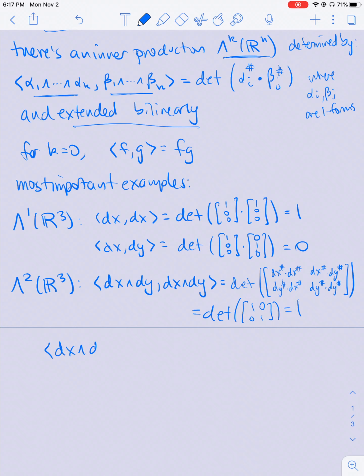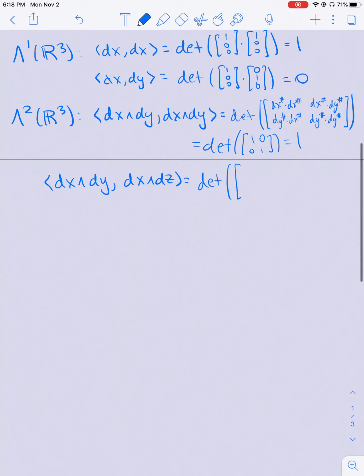Let's do one where we have two different 2-forms. Then I'm going to get the determinant of a matrix with entries dx sharp dot dx sharp, dx sharp dot dz sharp, dy sharp dot dx sharp, dy sharp dot dz sharp.